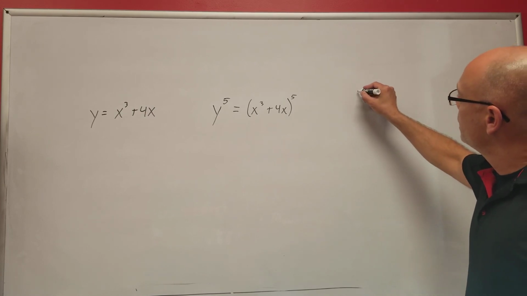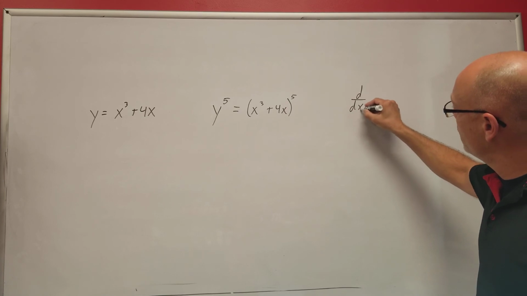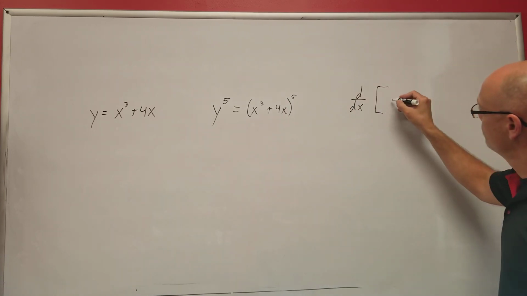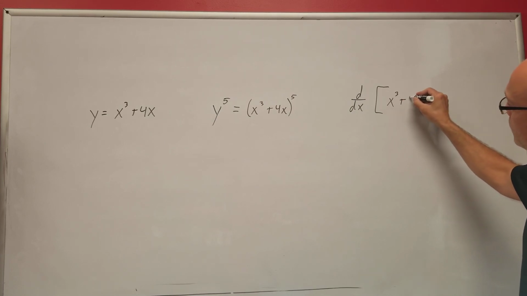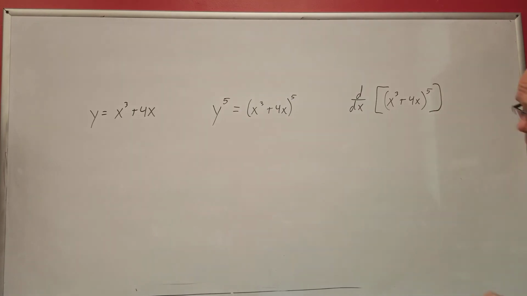Now what if I were to tell you, let's take the derivative with respect to x of this right side, x cubed plus 4x to the fifth.